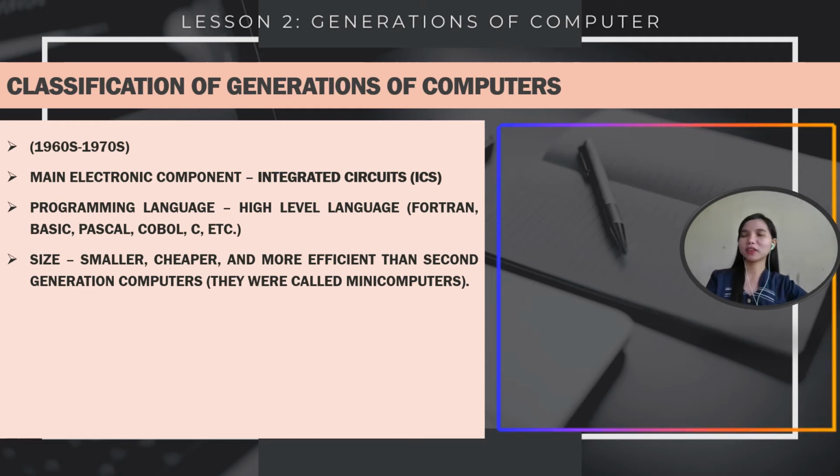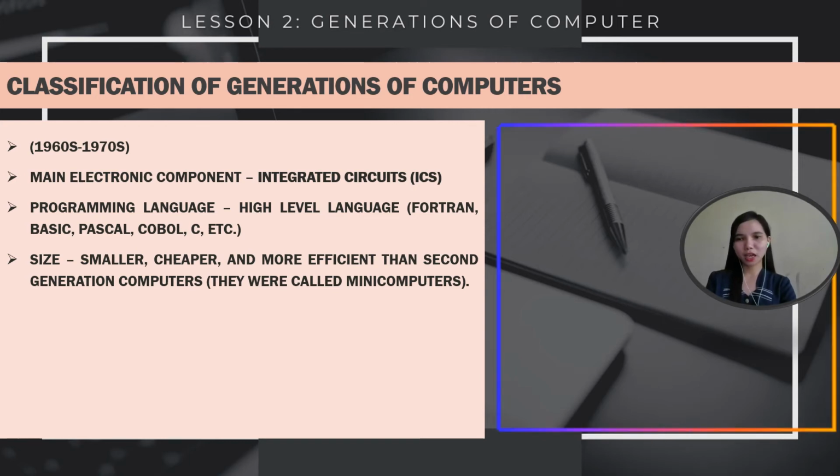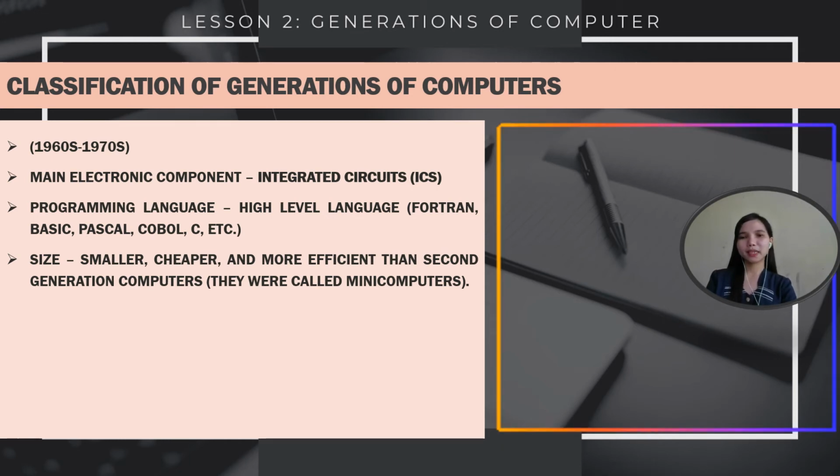So let's compare. The first generation was bigger than the second generation, and it became even smaller by the third generation. Smaller, cheaper, and more efficient than the second generation computers, they were called minicomputers.